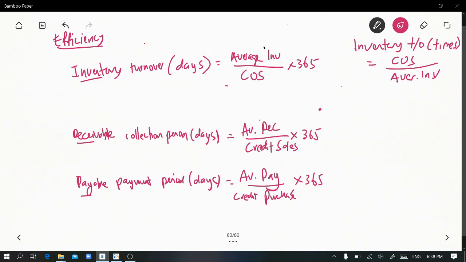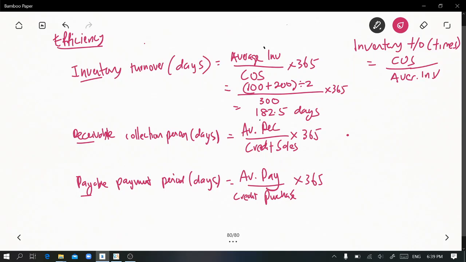So for example, if my opening plus closing is 100 plus 200 divided by 2, that is my average. 150 divided by 300 times 365 means 182.5 days.